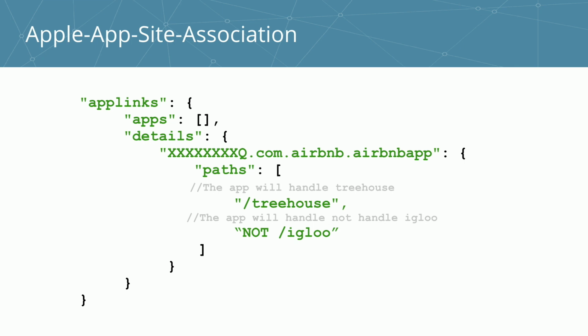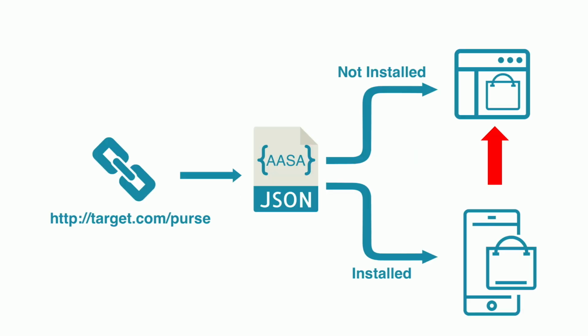So, for example, if this was hosted on Airbnb.com, you would see their app prefix and their bundle identifier, saying, okay, we want our application to handle these specific paths. In your paths array, if you have path treehouse, then you know that this app is going to handle treehouse. But you can say not igloo, and then you'll know that anything associated with igloo is going to fall back to Safari, right? You can also use wildcard characters to specify essentially any path that you want.